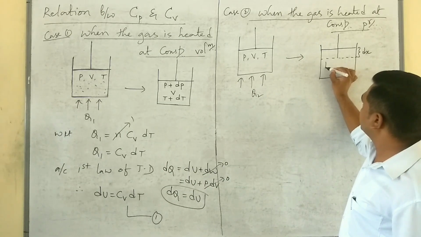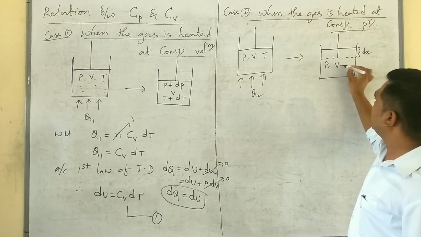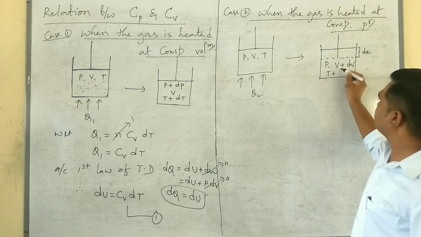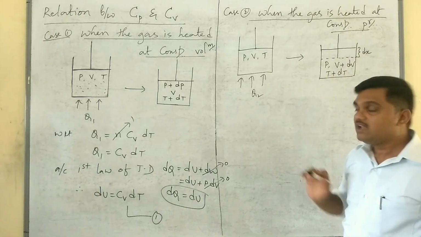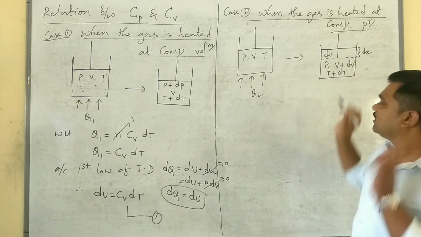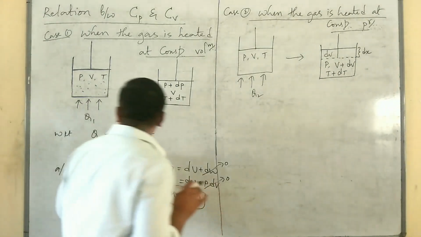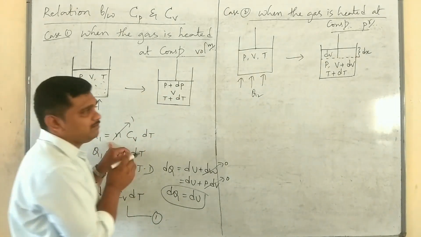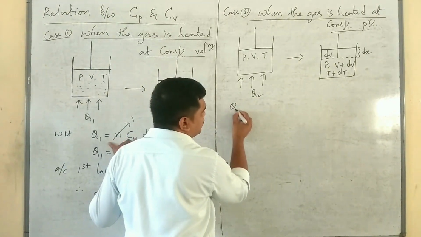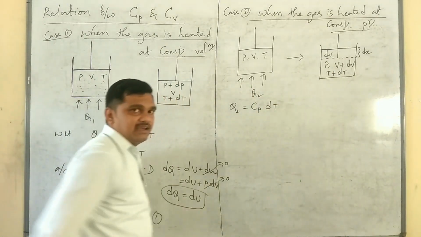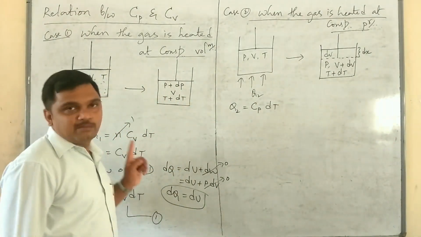Therefore, its pressure remains constant at P, its volume changes to V plus dV, and temperature changes to T plus dT. And this is the change in volume dV. Now here, a similar thing we have to apply. In place of Q2, we can write Cp dT directly, as n is 1 mole.